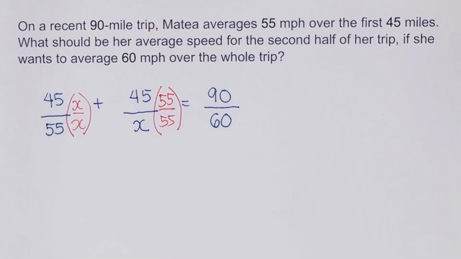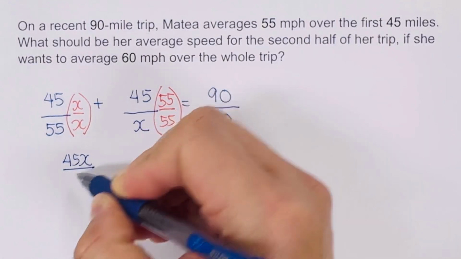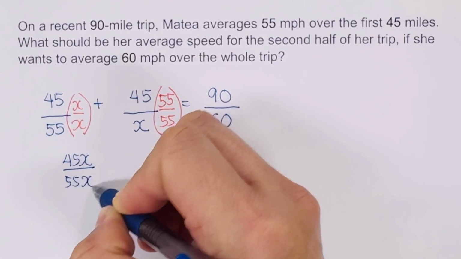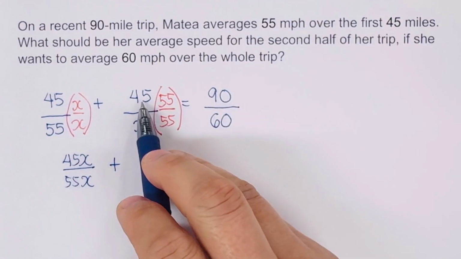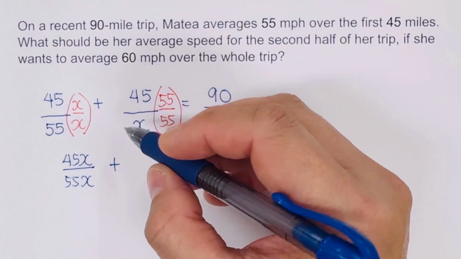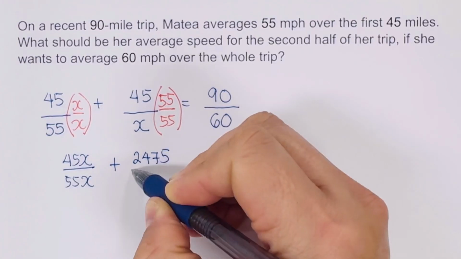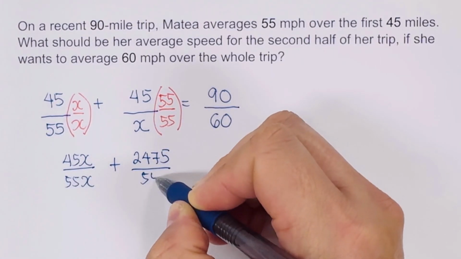So we go ahead and do the math here. This would be 45x over 55x plus, multiplying these two, 45 times 55 is 2,475, and that is over 55x.